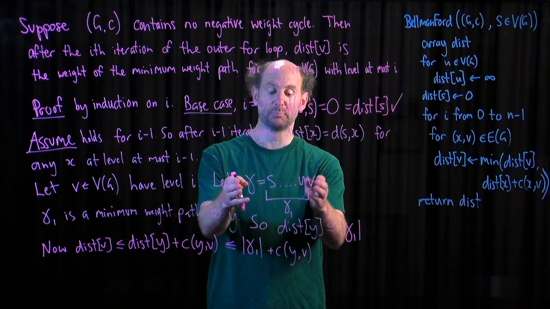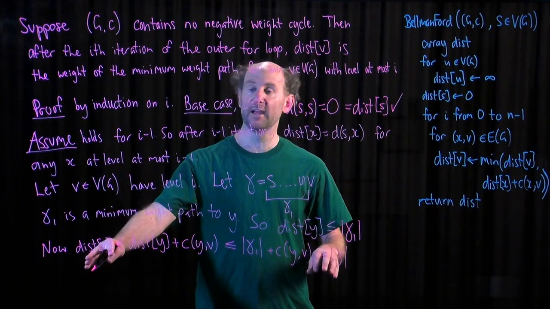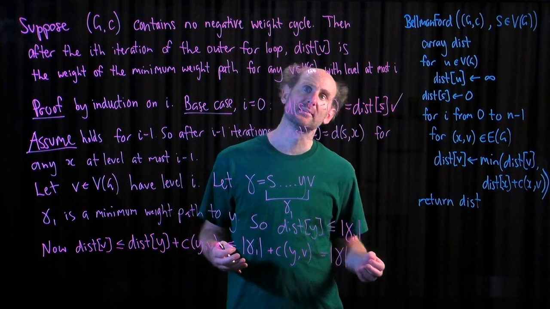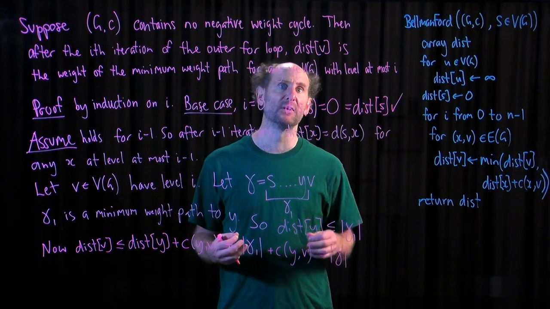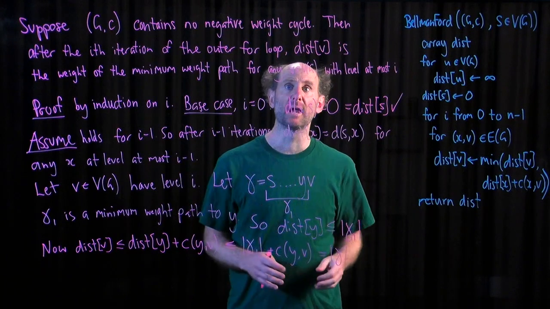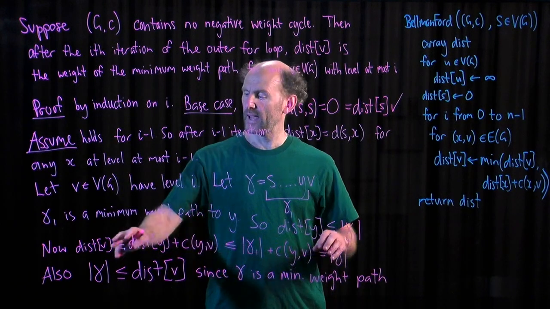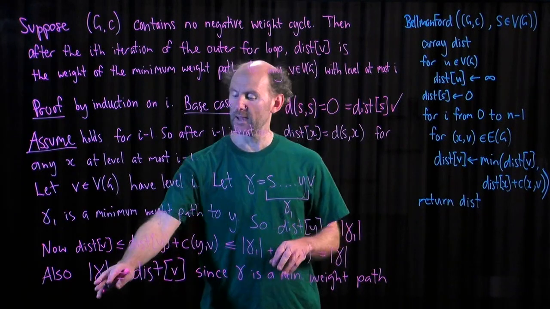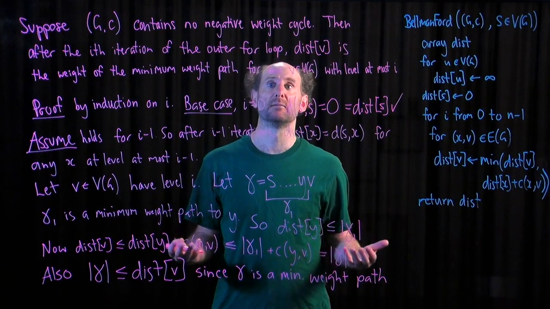But that is precisely the cost of the path gamma. So dist V is less than or equal to the cost of gamma. Conversely, since gamma is a minimum weight path, and by construction dist V is the weight of some path from S to V, we have that the cost of gamma is less than or equal to dist V. So we have that dist V is less than or equal to gamma, gamma is less than or equal to dist V, so equality must hold, and the proof is complete.